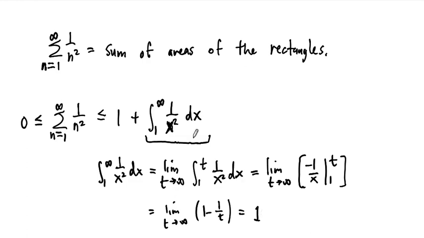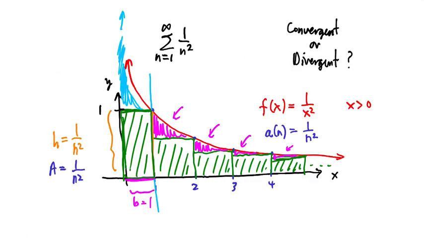So what we've actually found is a lot of information. Number one, this integral converges. That means that the area underneath the red curve is finite. If we built our boxes this way and interpreted our series this way, then the sum of the areas of the boxes must be finite.